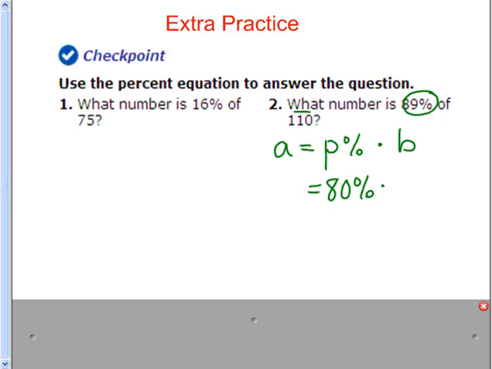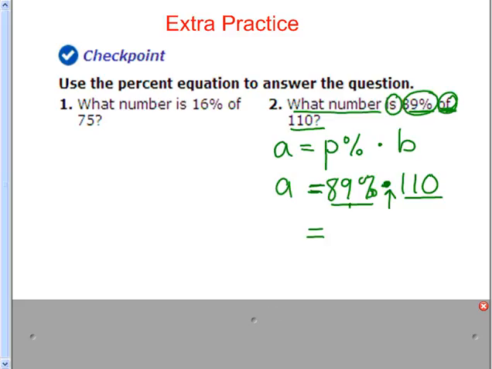And I'm looking for what number is 89% of 110. So I can hear that 89% of 110 is going to be 89% times 110.